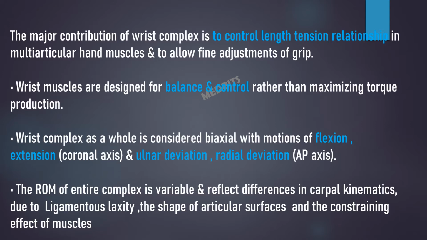You should know this. And coming to the next, the range of motion of the entire complex is variable and reflects differences in carpal kinematics due to ligamentous laxity, the shape of articular surfaces, and the constraining effect of muscles.